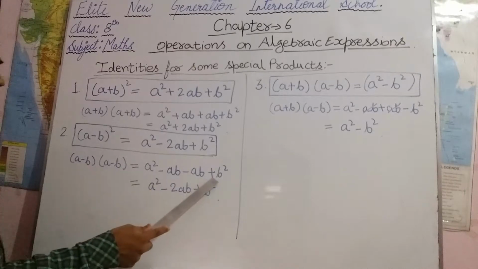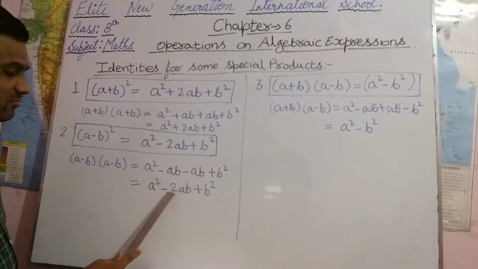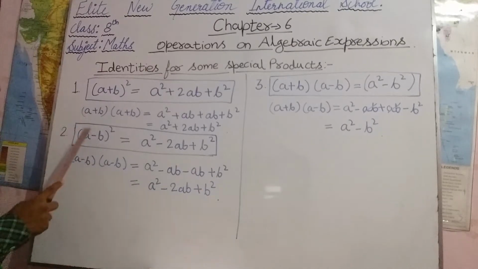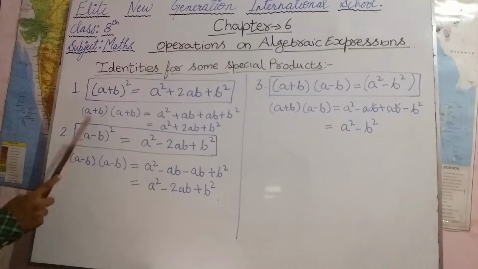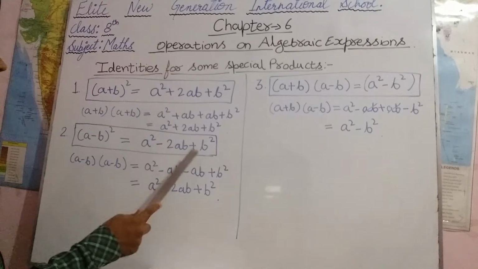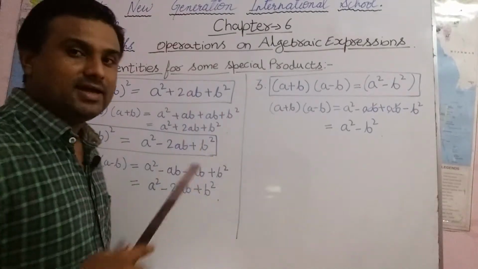Here minus minus will become plus. So a square, minus ab and minus ab will be minus 2ab, and plus b square. So you have to learn this identity, (a minus b) whole square equals a square minus 2ab plus b square.